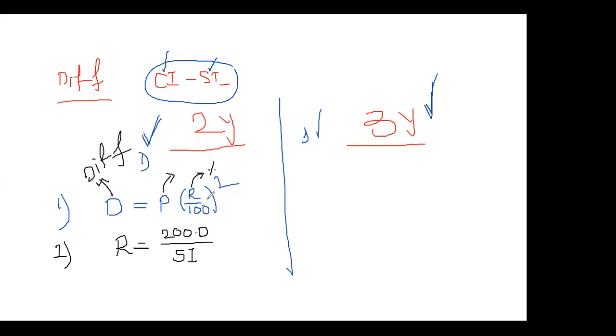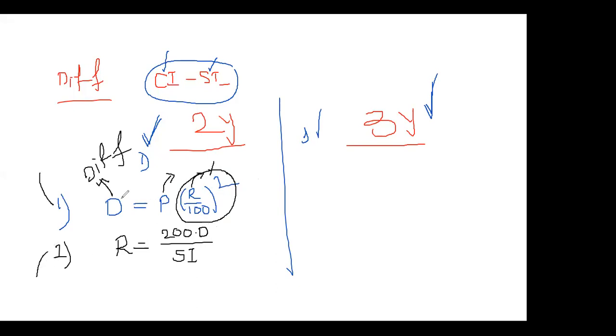If you expand this part, you can also write it as R square by 100 square. Now coming to the second case, rate of interest is equal to 200 into difference by simple interest. When do you use which formula?